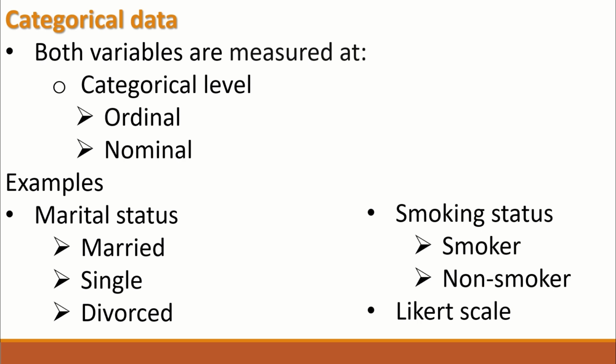Likert scale, which is commonly used in a survey or questionnaire, is ordinal data, as the data is sorted in categories but with order in it, such as strongly agree, disagree, strongly disagree.